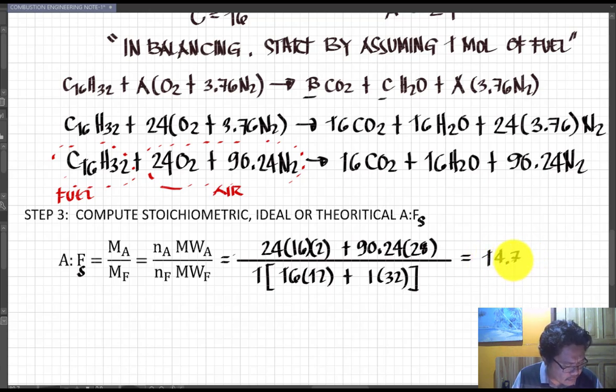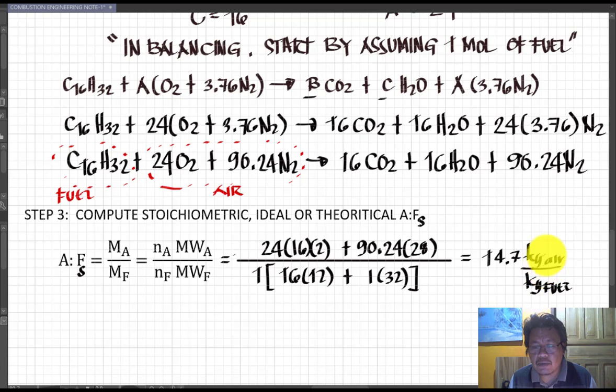So take note, ang unit will be kilogram of air divided by kilogram of fuel. So yun ang magiging units niya. So every time na tatanungin sa problem, the units of air-fuel ratio is in terms of kilogram of air and kilogram of fuel. So this is for liquid fuels only. Later on we'll be discussing pag gaseous and also pag solid fuels na.